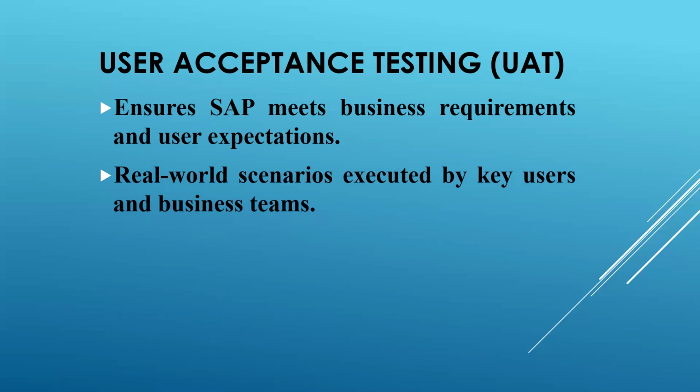Real-world scenarios are, for example, the procure to pay cycle and the order to cash cycle, and scheduling agreements in SAP MM and SAP SD. These will be tested predominantly by end users. Part of it will be tested by the testing team also.